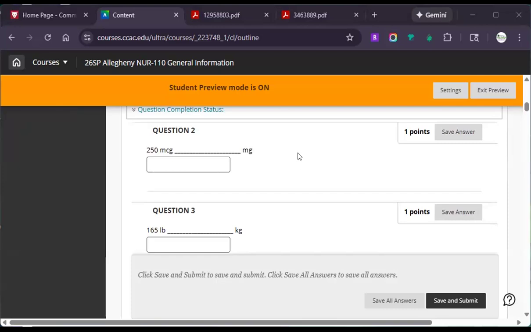You're going to do the same thing here. Again, you can move the decimal over, or you can set up the equation if it's been a little while. The way you would do this, at least the way I'm doing this to demonstrate, you would take 250 micrograms, and then I want to convert it.